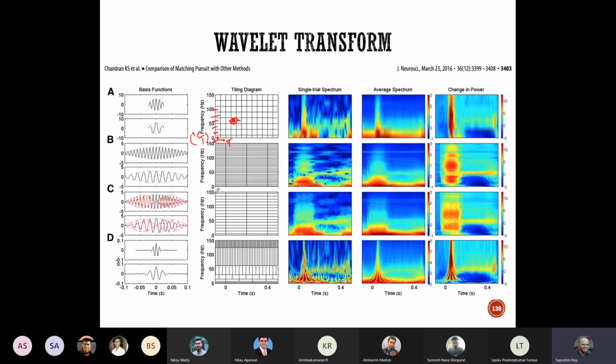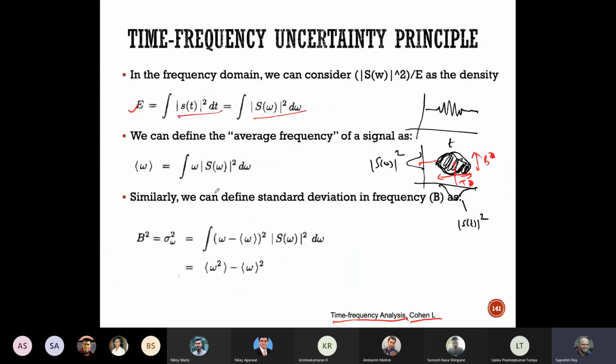This 1 by t is then called the Rayleigh frequency. That's where you are getting an estimate of the frequency, of the Fourier transform. It doesn't tell you anything about the constant which is defined in this way. This is the standard deviation, the concentration of energy around the mean.